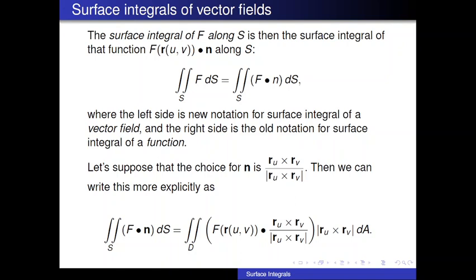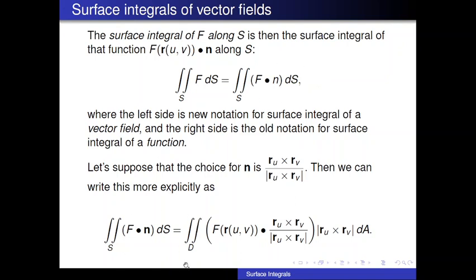Anyway, let's suppose that the choice of r_u cross r_v is what gives us the outward pointing direction, or whatever one is specified for us. So let's say that the vector field n is given by that cross product divided by its length to make it unit everywhere. Then we know how to do this surface integral of a function.